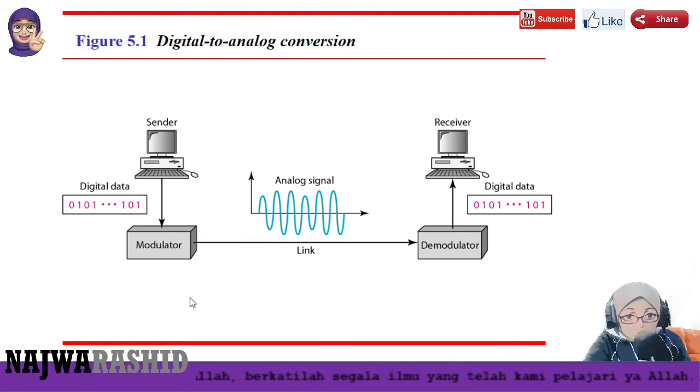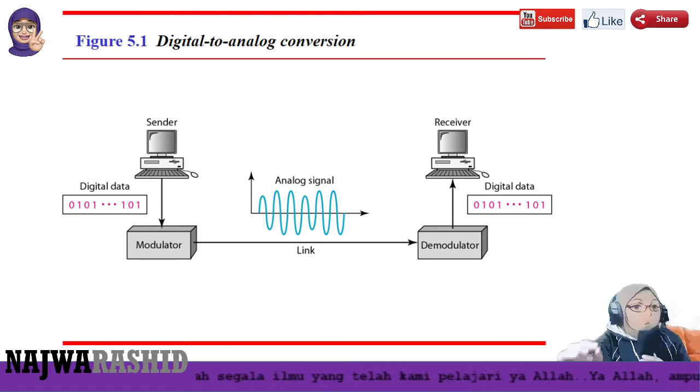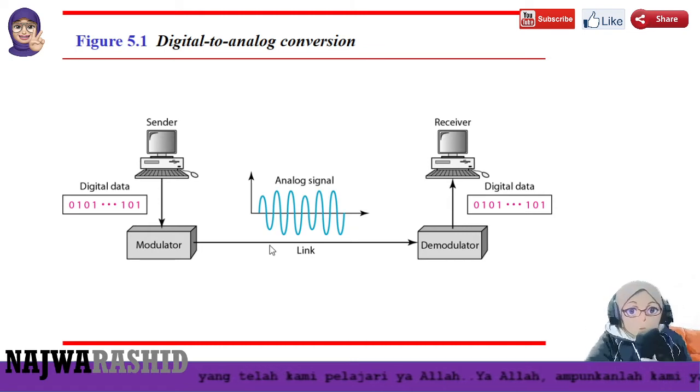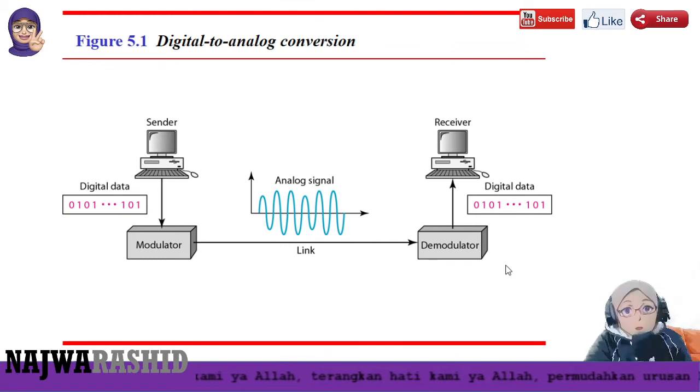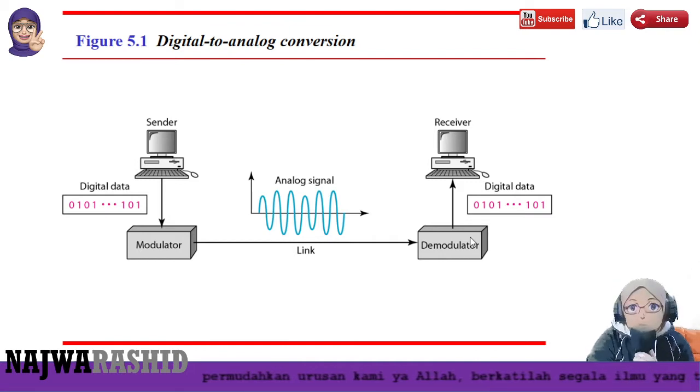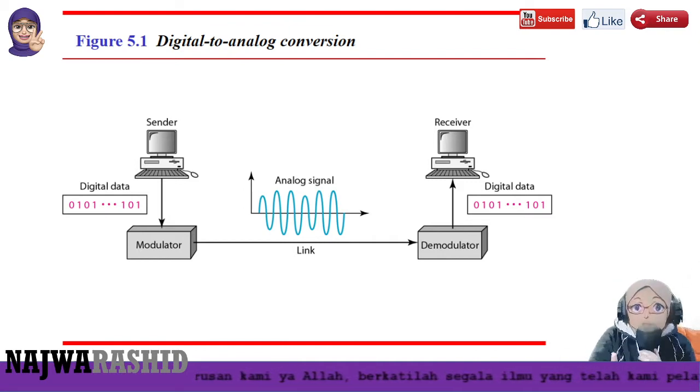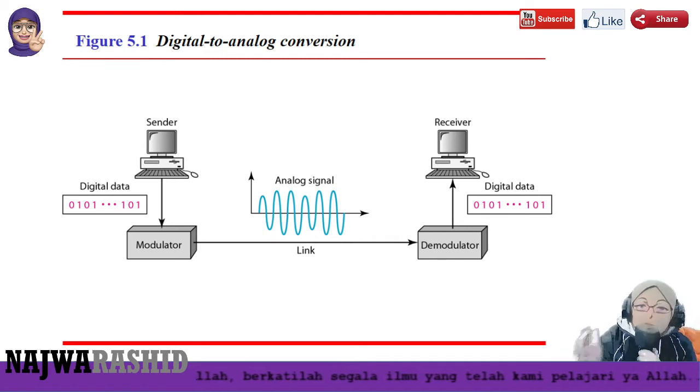It will modulate by changing one of the characteristics of the signal, and then transform into the analog signal, and then go to the receiver side. At the receiver side, we have a demodulator. This demodulator will convert the analog signal back into digital data. So that is the basic process of digital to analog conversion.